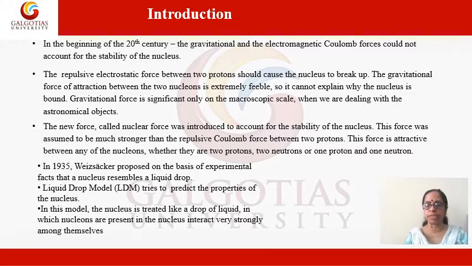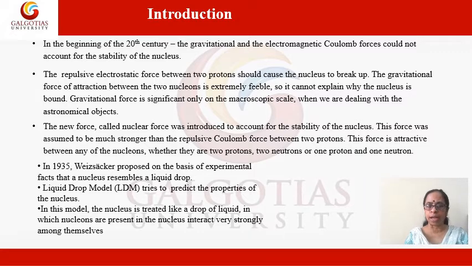When we are dealing with the astronomical objects, the new force called nuclear force was introduced to account for the stability of nucleus. This force was assumed to be much stronger than the repulsive Coulomb force between two protons. This force is attractive between any of the nucleons, whether they are two protons or two neutrons or one proton, one neutron.